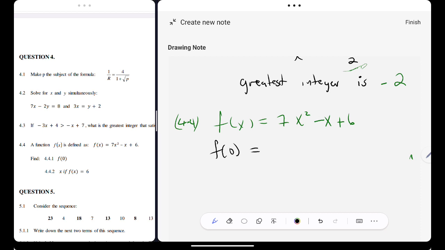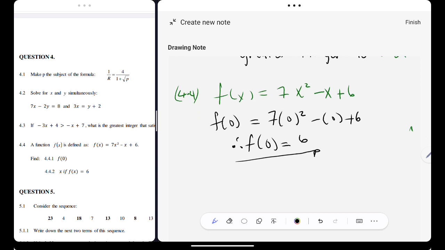F of 0, it simply means I just need to substitute 0 whenever I see x. So therefore f of 0 will be 6, because here we have 0 minus 0 plus 6.